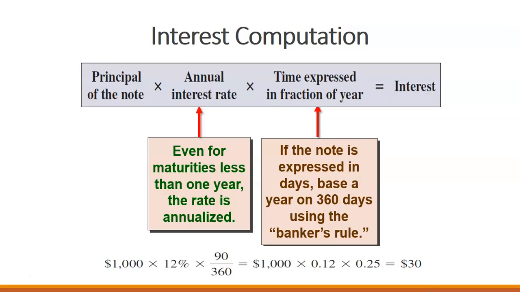So here we have the principal is $1,000. The annual interest rate is 12%. It is a 90-day note divided by 360 days in our accounting year, so $1,000 times 12% times 0.25. So we have $30 in interest over the life of that note.